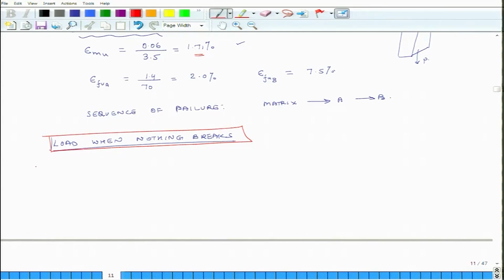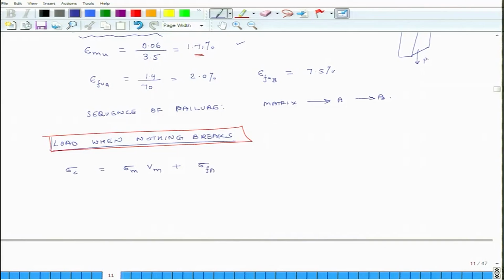So, if nothing is broken, then what do we do? We know the relation in a composite: stress in a composite in the longitudinal direction is equal to sigma m Vm, and now this has two fibers. So, what is it?